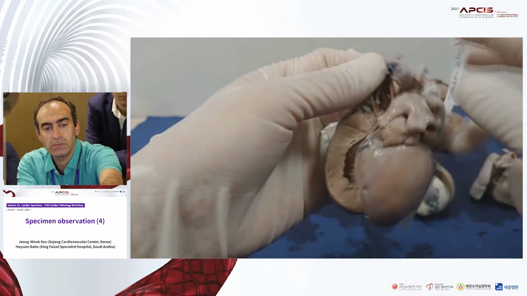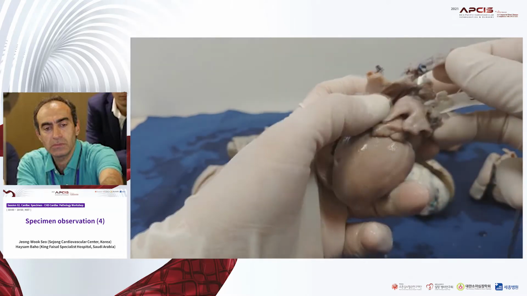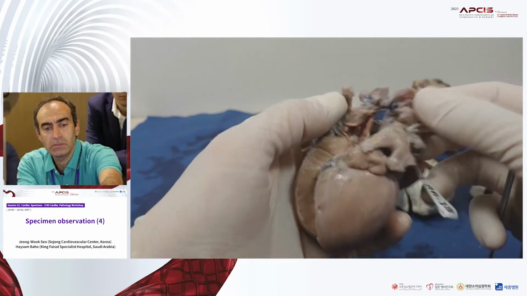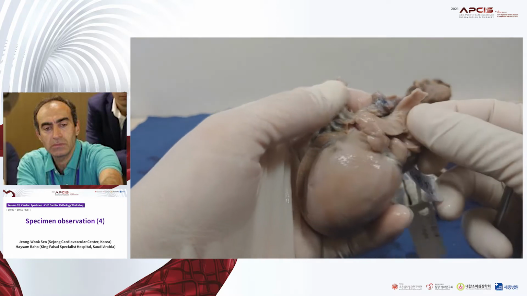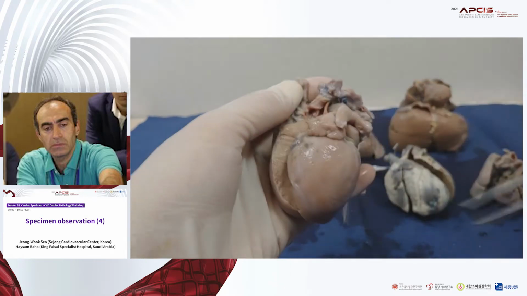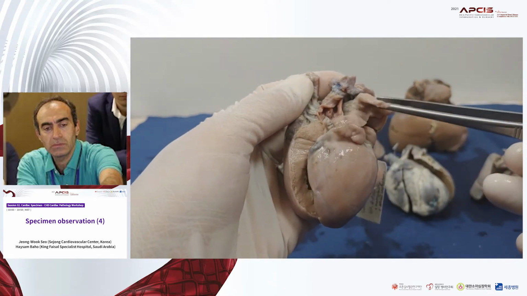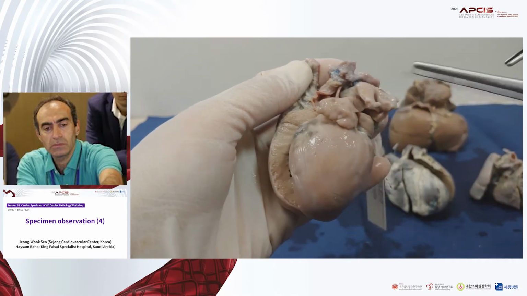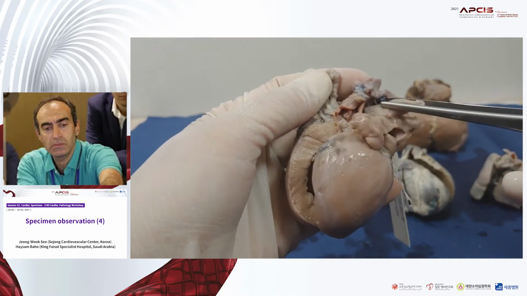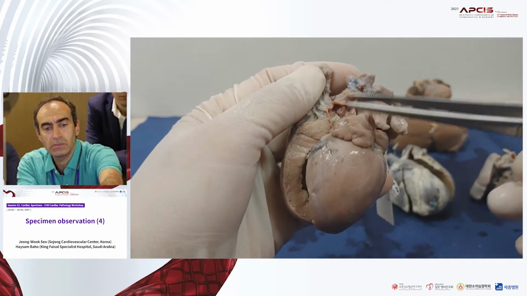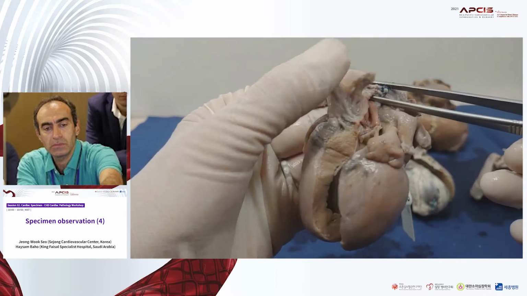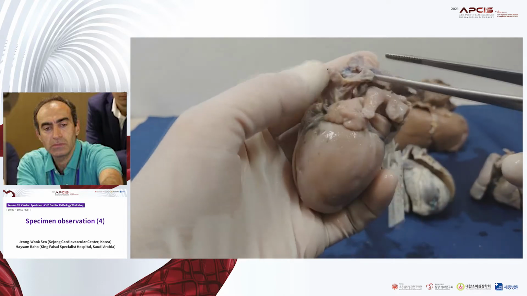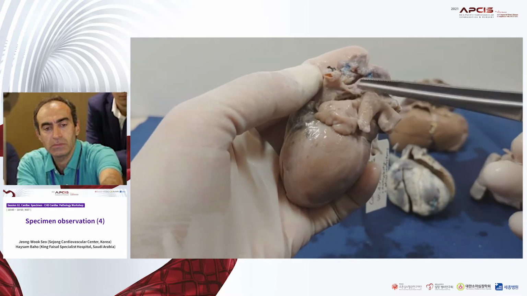In some of these cases, we will have a decreased outflow from the left ventricle through the obstruction, and that will cause hypoplasia of the transverse arch, because some of the venous return from the lung goes from the left atria to the right atria, and then mixes with the venous systemic return to the pulmonary artery, and we will have a persistent large ductus arteriosus that supplies the descending aorta, which is right here.